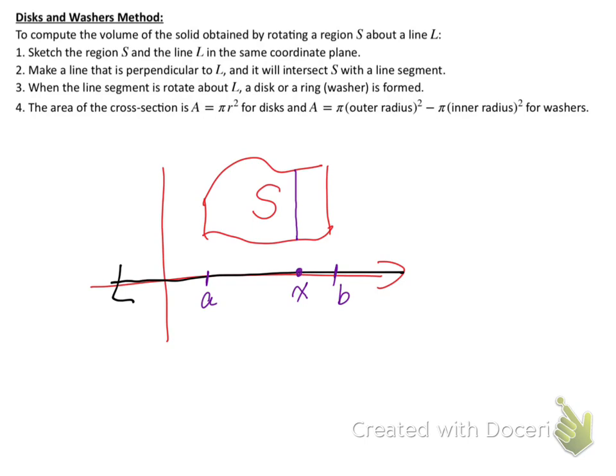When you rotate it, you're going to have a ring or a washer, because if you reflect it, it goes here. So when you connect them, it will be like this. Let me think about it.